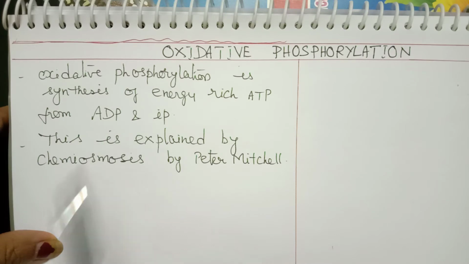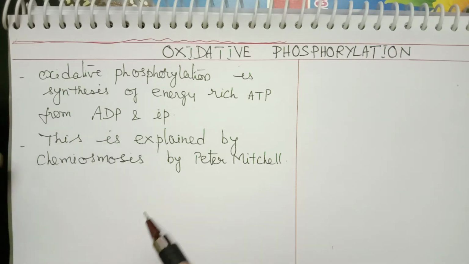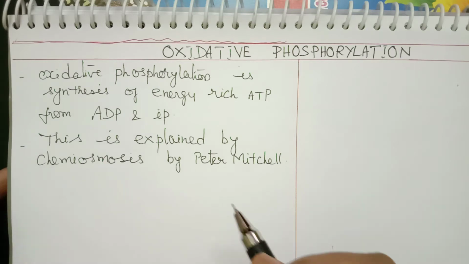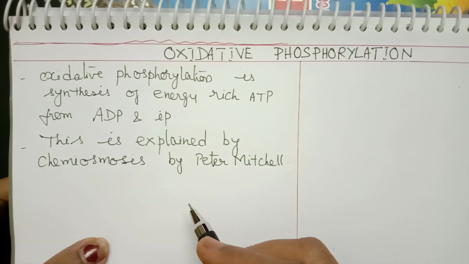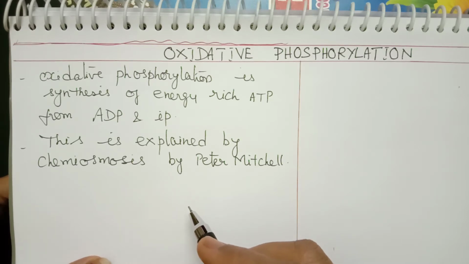It is the synthesis of ATP from ADP and inorganic phosphate using the energy released during oxidation reduction reactions. That's why it is called oxidative phosphorylation. In photosynthesis it is called photophosphorylation because the energy used there is light energy. Here the energy used comes from oxidation reduction reactions.